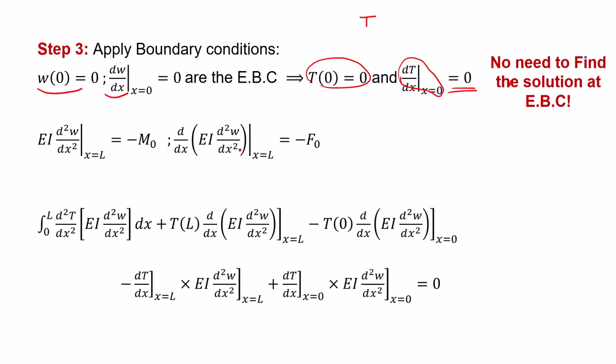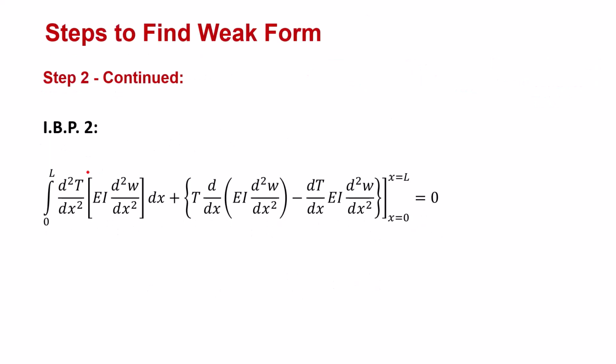And also from the problem that we worked on, we have the values of moment and shear at x equal to L, which are shown here. So if we go back to the weak form that we had here, now we just want to apply this. So something like this: t d over dx EI d squared w over dx squared from 0 to L, and also the same thing for this one.